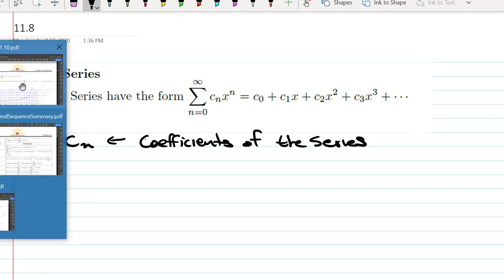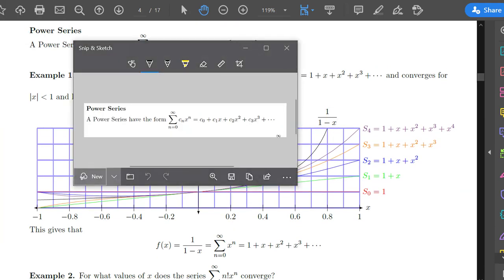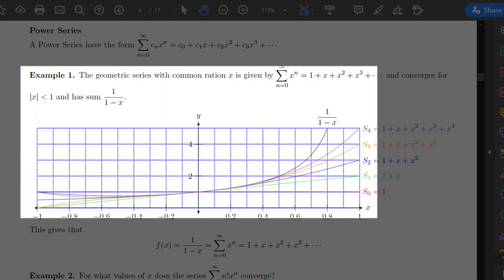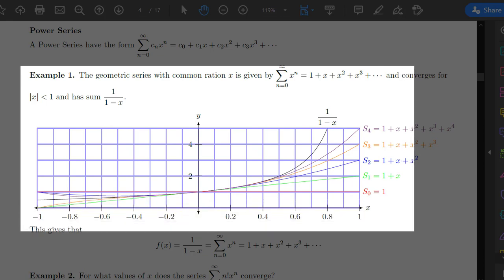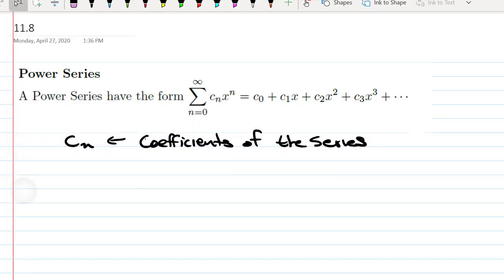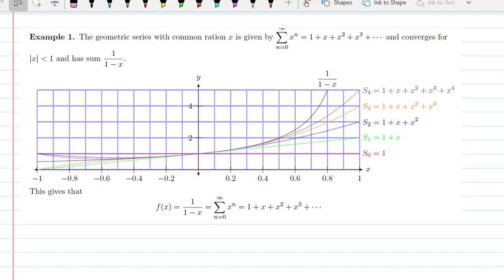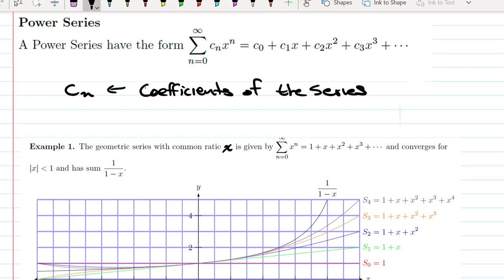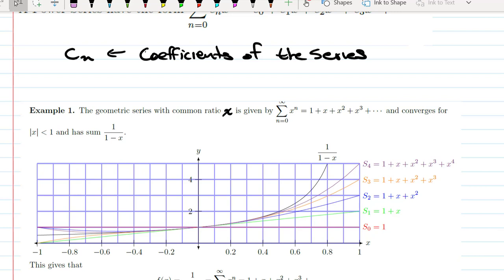So let's take a look at our first example. Example 1, the geometric series with common ratio x is given by 1 plus x plus x squared plus x cubed, because this would just be a times r to the n minus 1.